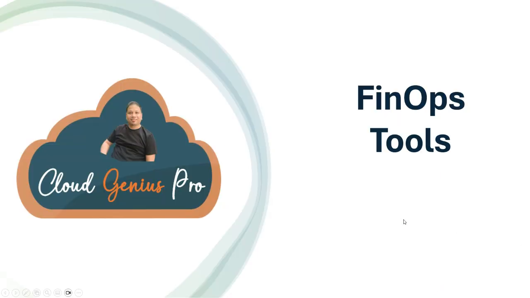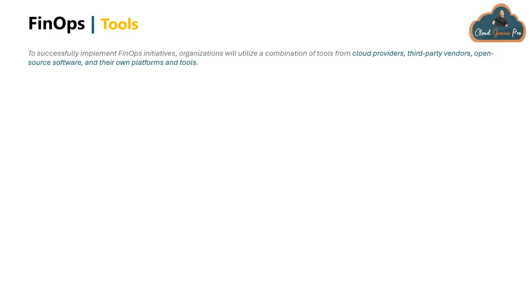So today we are going to talk about the FinOps tools which an organization needs to adopt for executing FinOps in their cloud ecosystem. Any organization that needs to implement or wants to adopt FinOps has multiple options. They can go with the native tools which our cloud providers provide.